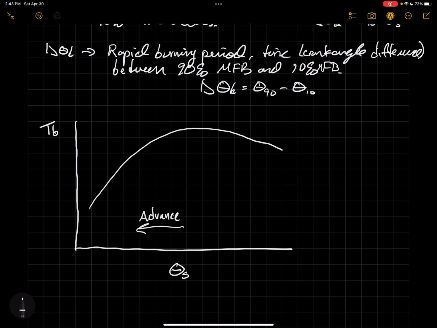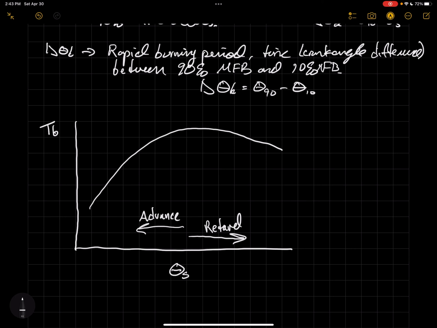Whereas if I move my spark timing later, so that the spark timing occurs later and later in the cycle, I would call that a retard in spark timing. Okay, so if you hear me use the word advance, that means that the event is occurring earlier and earlier in the cycle. And if you hear me use the word retard, that means that the event is happening later and later in the cycle.